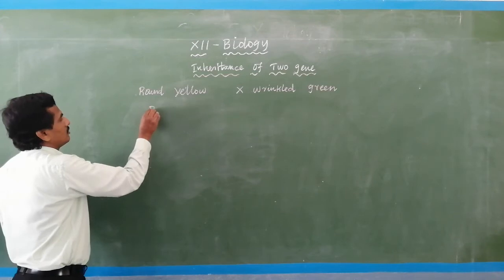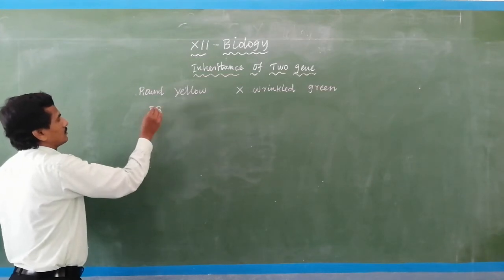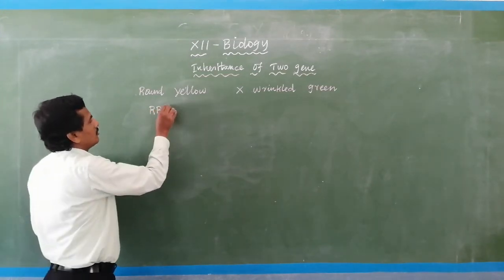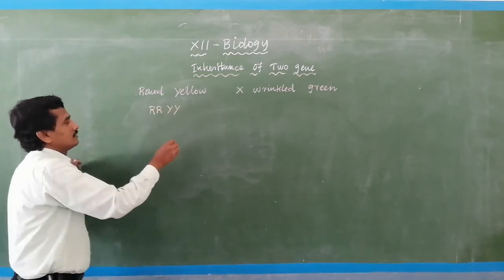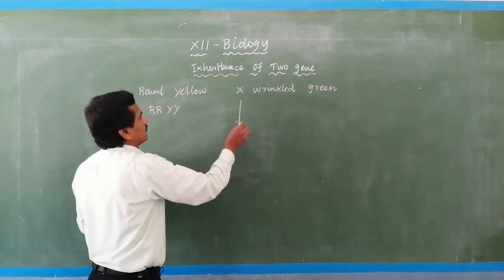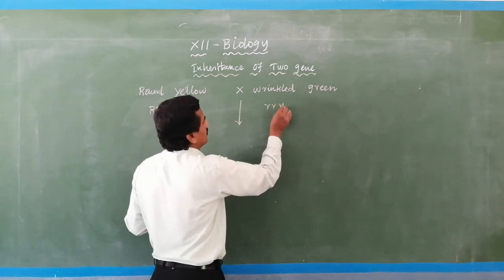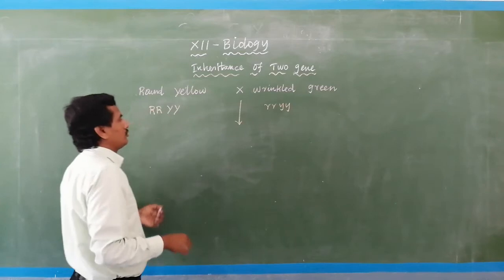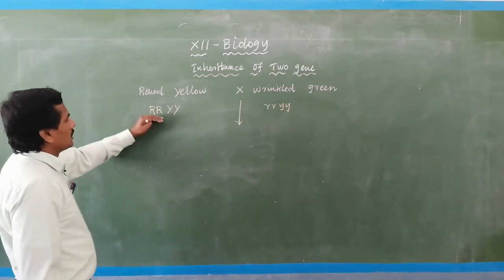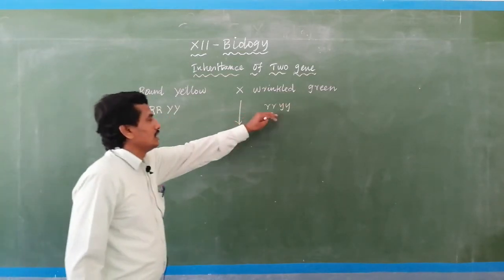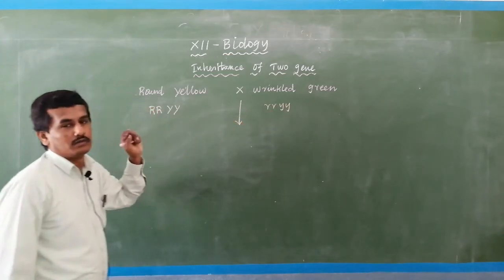Round seeded means we take capital R, and yellow cotyledon means we take capital Y, crossed with wrinkled seeded, which means small r, and green cotyledon, which means small y. Normally, the dominant version is in capital form and the recessive version is in small form.